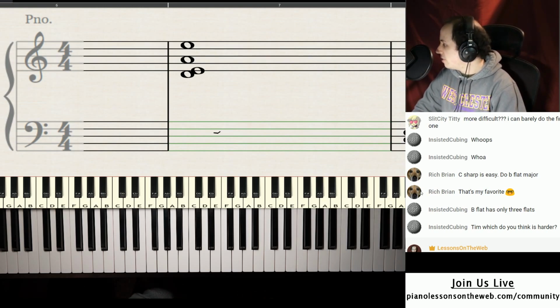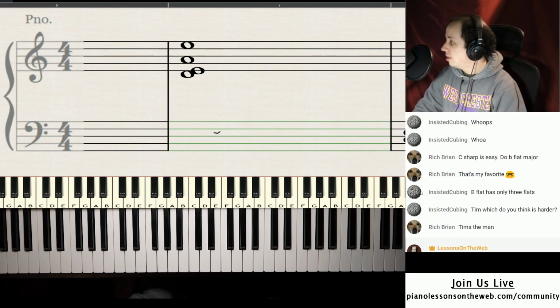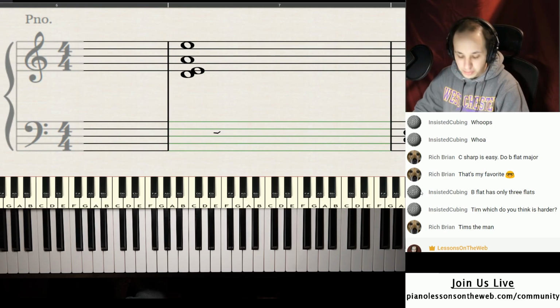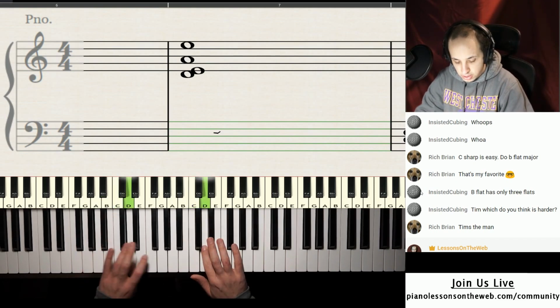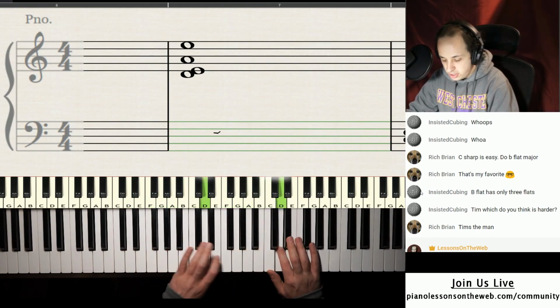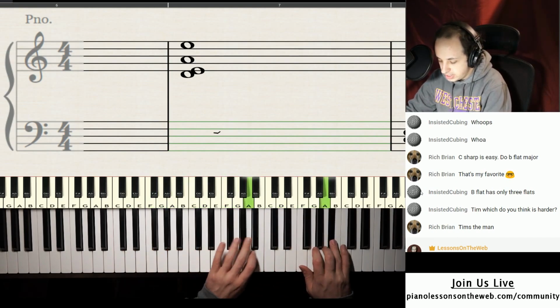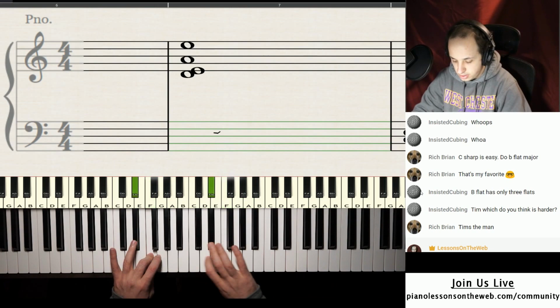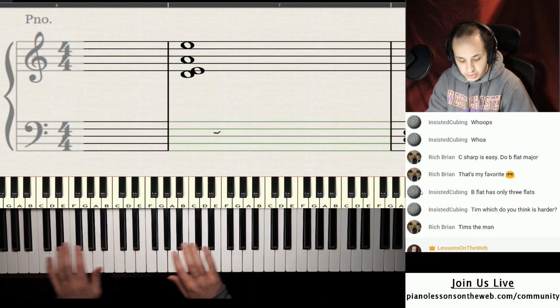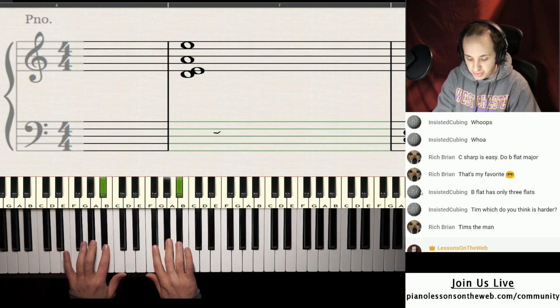B flat only has 3 flats. Which do you think is harder? What, B flat or C sharp? B flat I think might be harder, only because it's a little bit harder to cross at the right time. I don't know how to explain it. Like with C sharp, there's plenty of anchor points.